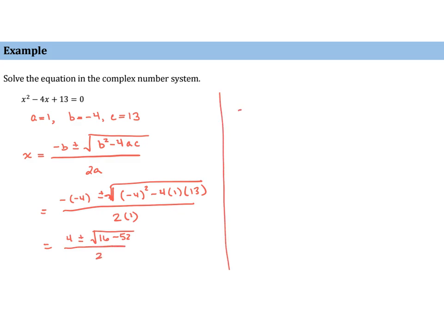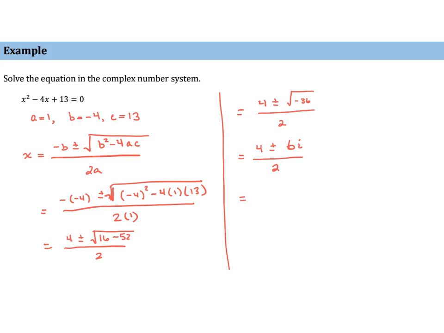Now, this is equal to 4 plus or minus, now 16 minus 52 is negative 36, all over 2. So we have 4 plus or minus, the square root of 36 is 6, and the square root of negative 1, we're going to write as i, all over 2.